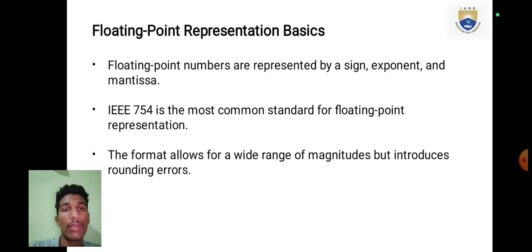IEEE 754 is the most common standard for floating point representation. The format allows for a wide range of magnitude but introduces rounding errors.